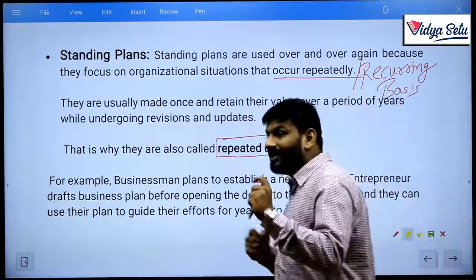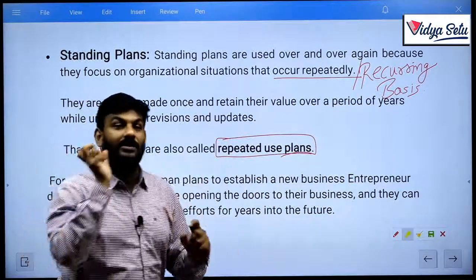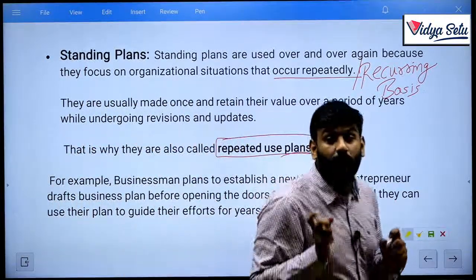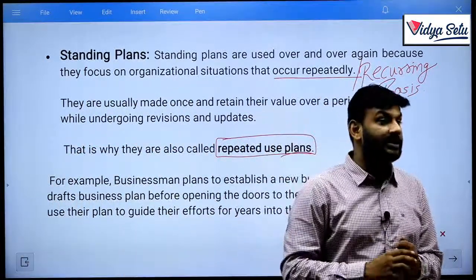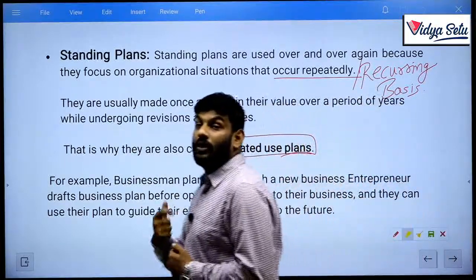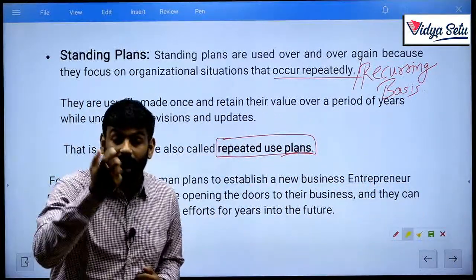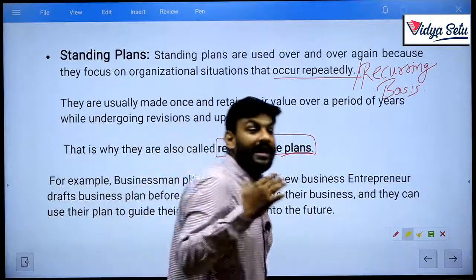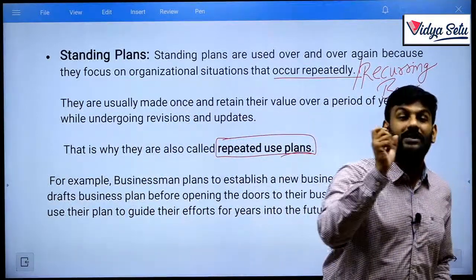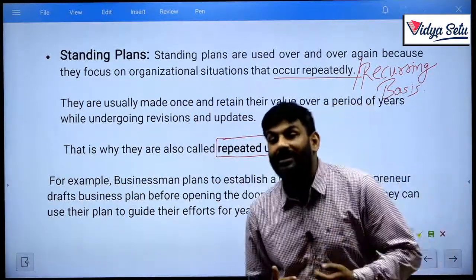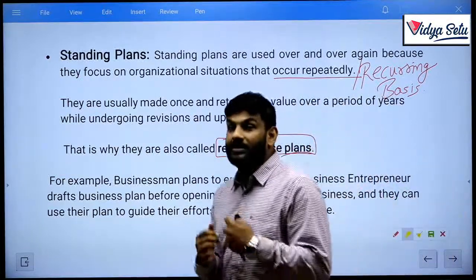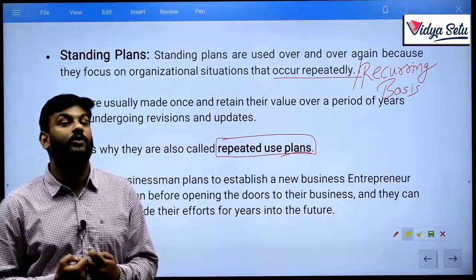A short term plan deals with single use plans, focusing on a particular purpose or project. But long term plans focus on organizational objectives, and to achieve these targets I need some single use plans.